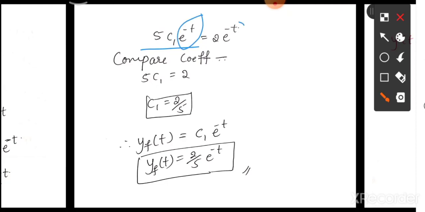Compare the coefficient of e^(-t) on both sides, the left hand side as well as the right hand side.